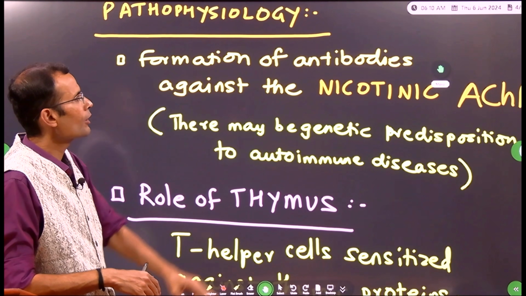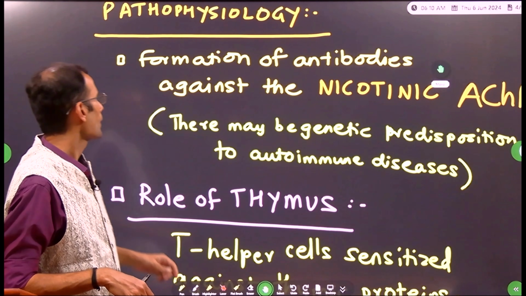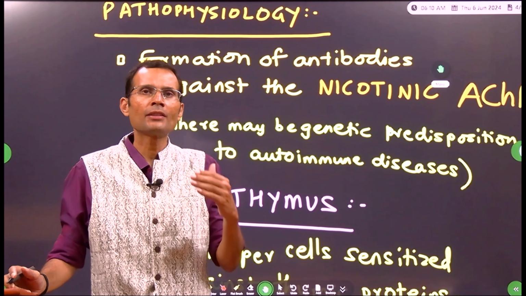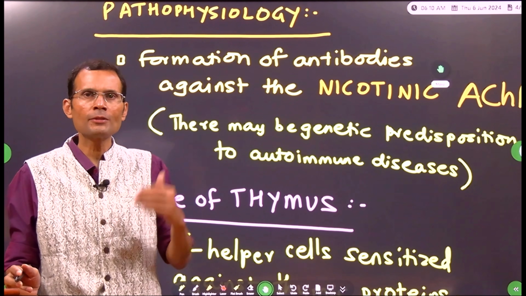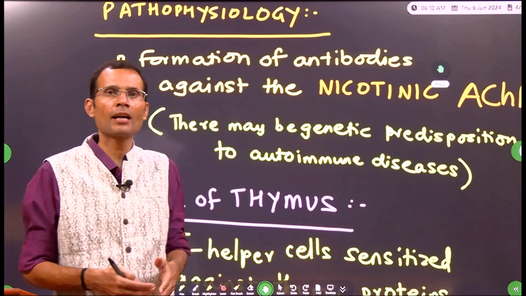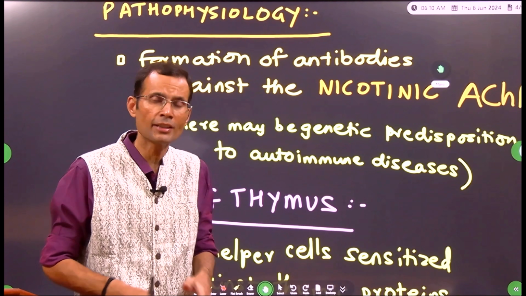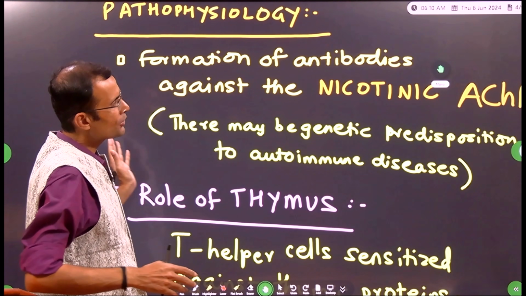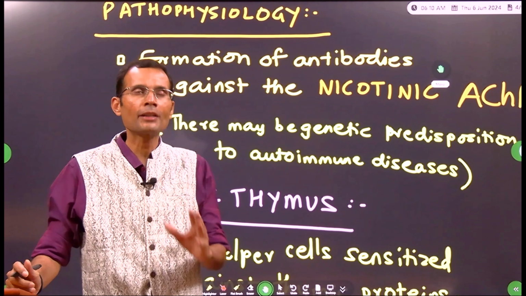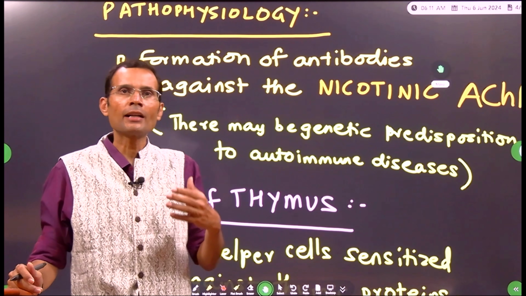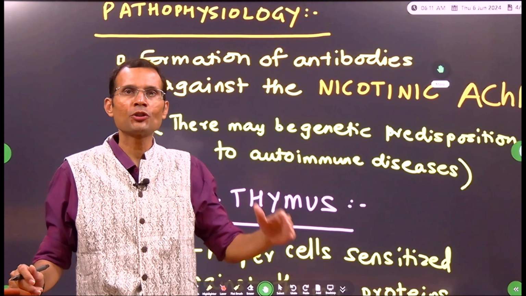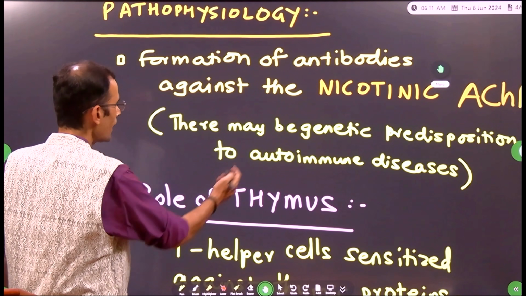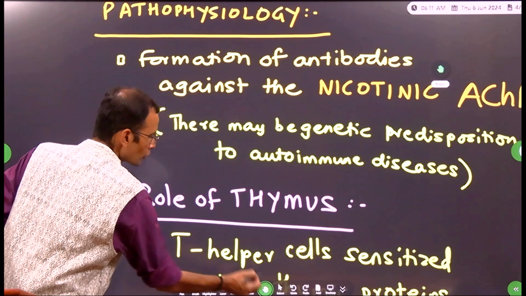So antibodies develop against this receptor, and because of this the receptors are either destroyed or the antibodies bind to those receptors and the receptors are quickly endocytosed and destroyed. So basically that's the pathophysiology. There may be a genetic predisposition as well. I mean, in some people it has been found that some family member has a history of autoimmune disease in this case. So that's the basic pathophysiology.